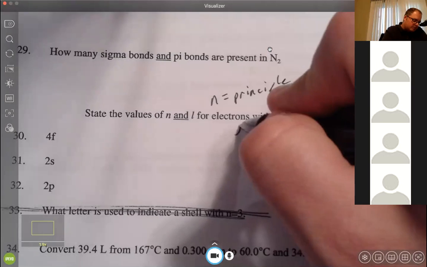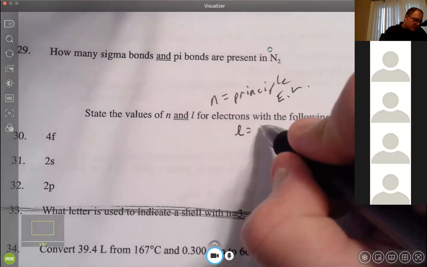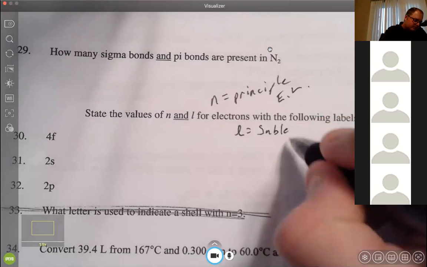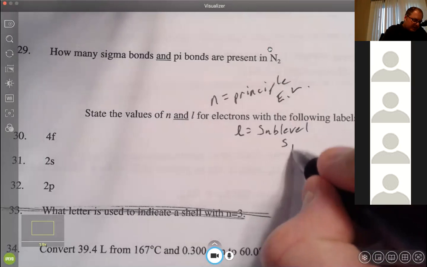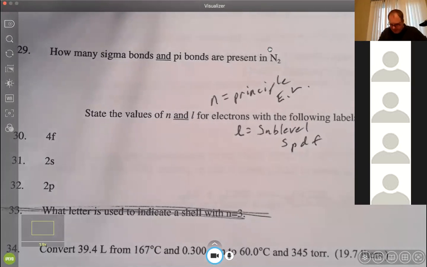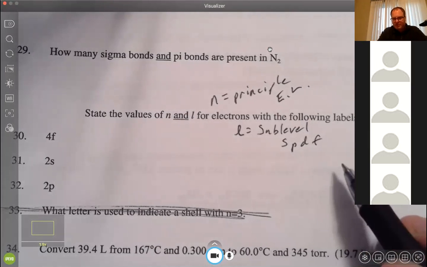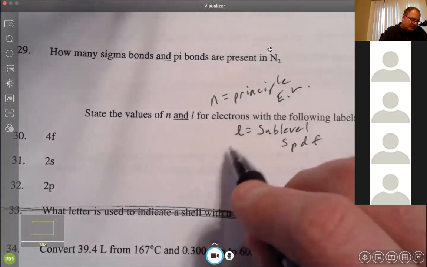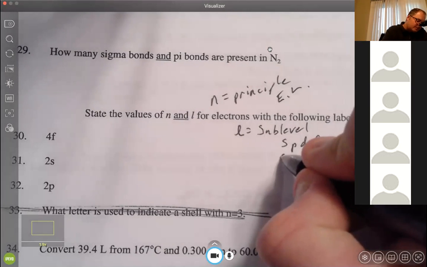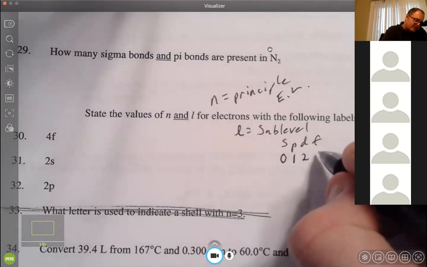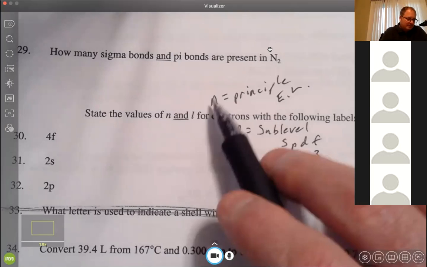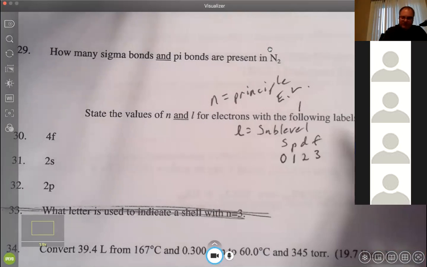L is equal to your sublevel. So the sublevels are S, P, D, and F, and they continue past this, but this is all we need for all the elements on our periodic table. So L is a number that starts at 0. For S, it's 0. For P, it's 1. For D, it's 2. For F, it's 3. N starts at 1, and for our periodic table, it goes all the way up to 7.